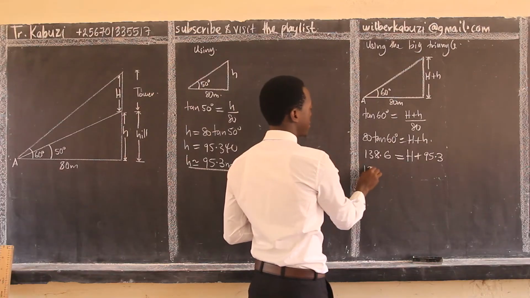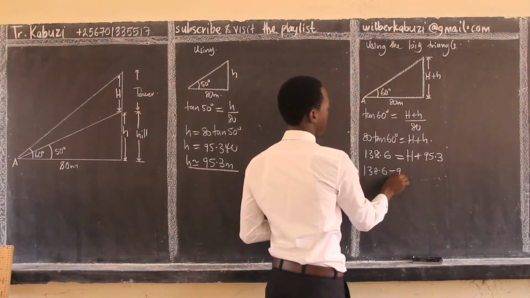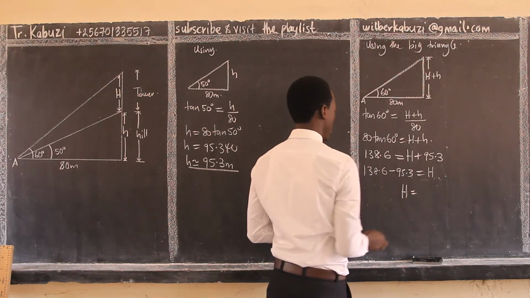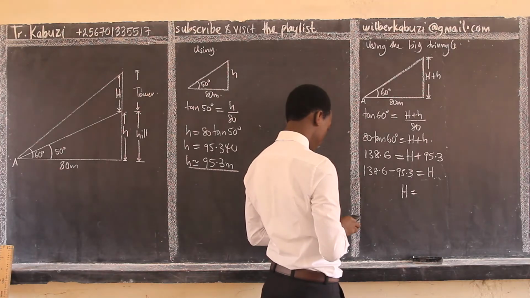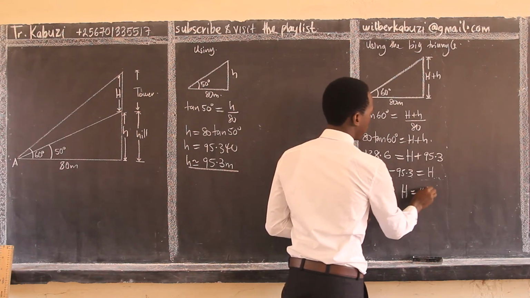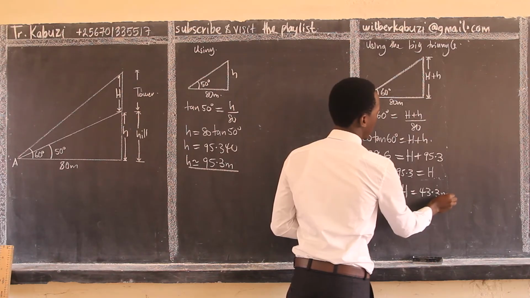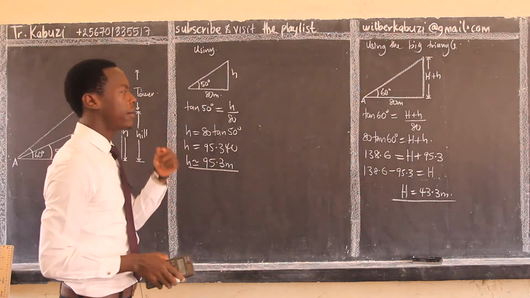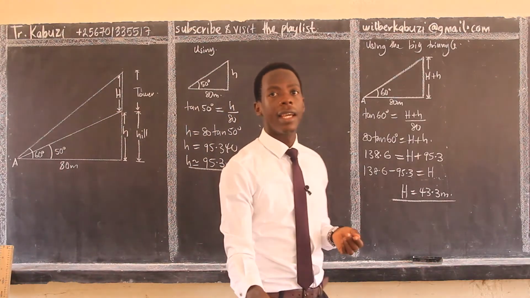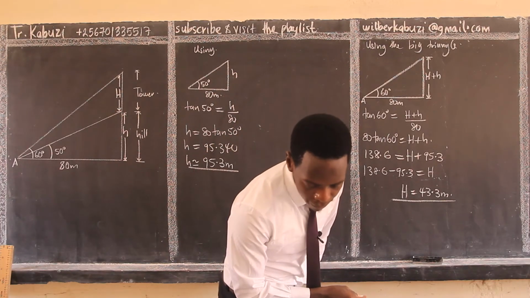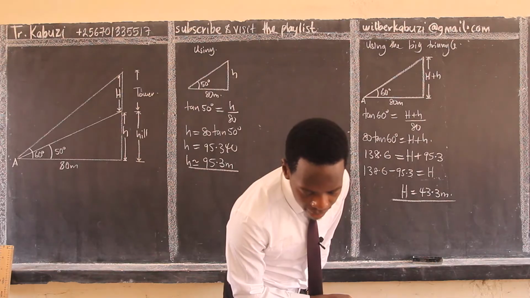Take this to the other side and that equals our H. So there my H will be 43.3 meters. So you see that now the height of our tower is 43.3 meters, which is less than 50. So meaning it's going to be okay. For stability purposes, we determine that the tower will be built safely.